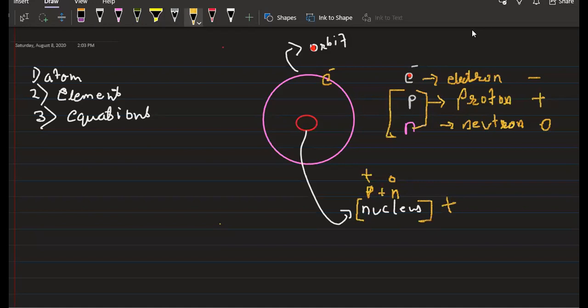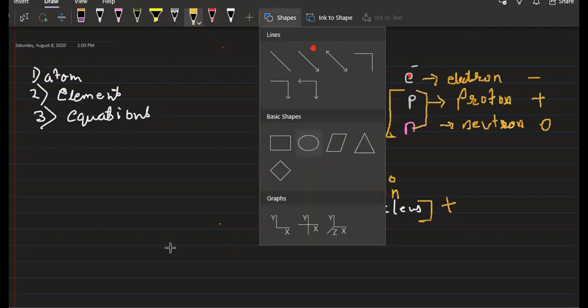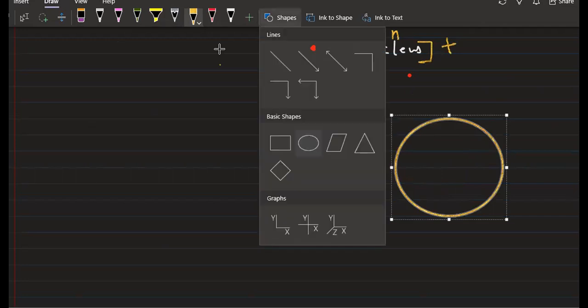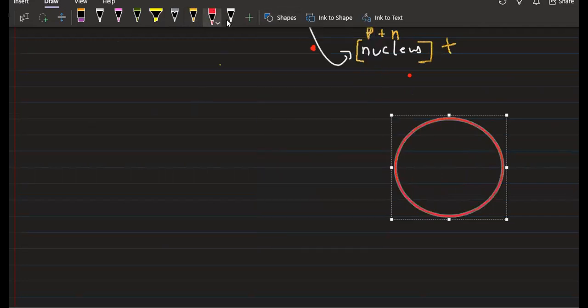Obviously, atoms will be of elements only, so different atoms of different elements. So what makes this difference? That's my problem. Suppose I'm having two atoms. I'll just draw two atoms. So this is your atom A, and this is your atom B.